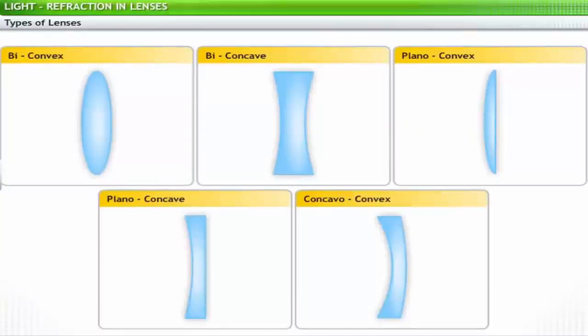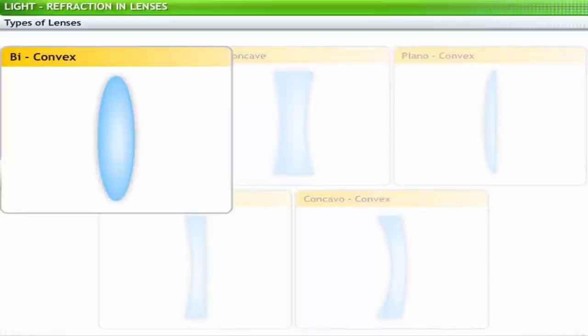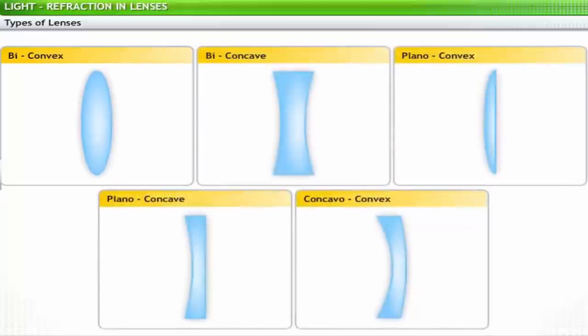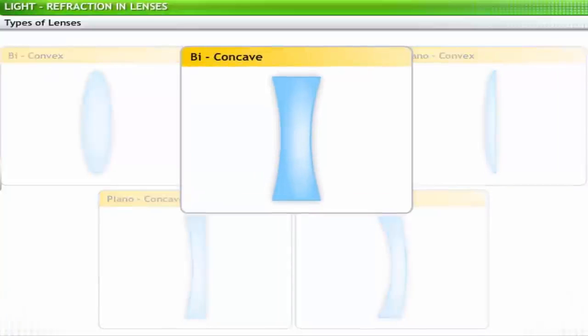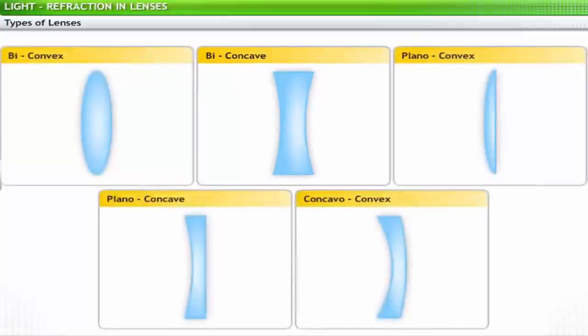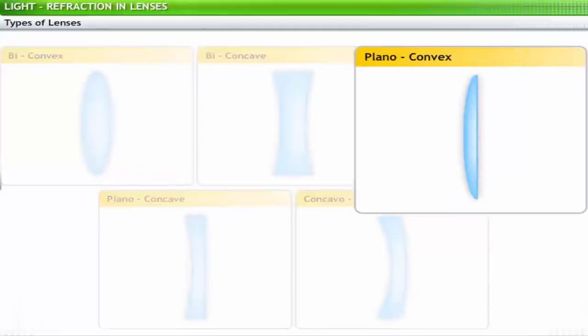Based on their shapes, lenses can be of 5 types. A biconvex lens is one with a surface that is bulged outwards on both the sides. It is generally referred to as a convex lens. Another type of lens is a biconcave lens that has 2 inward bent surfaces. It is generally referred to as a concave lens. A plano-convex lens has a convex surface on one side and a plane surface on the other.